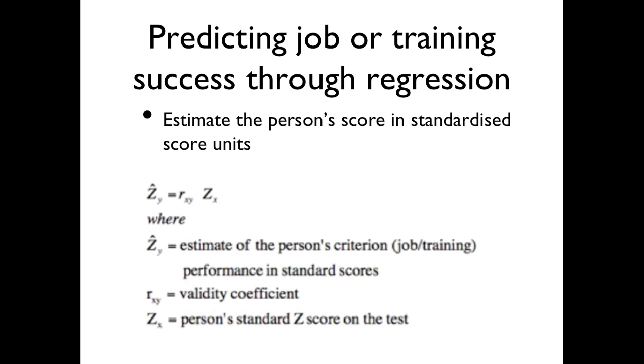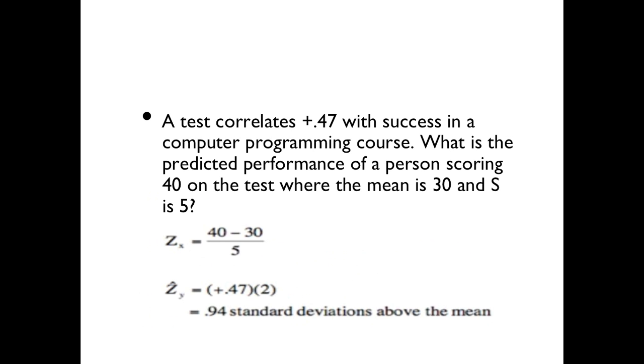So a test correlates plus 0.47 with success in a computer programming course. This is a worked example of a Z-score. The Z-score is obtained by using the correlation of 0.47, that is the validity coefficient, multiplied by the person's standard Z score on the test.